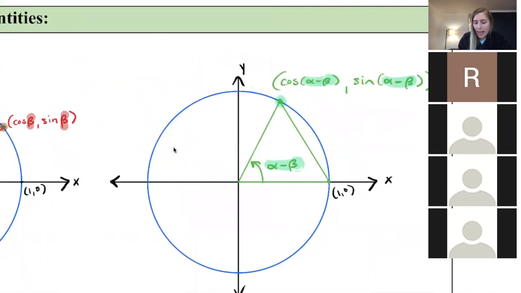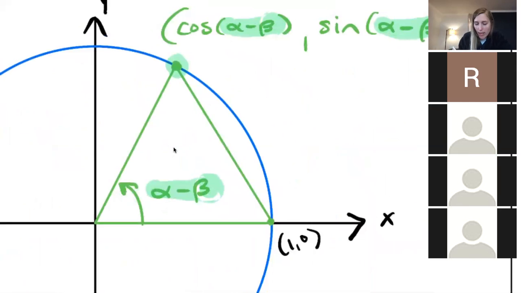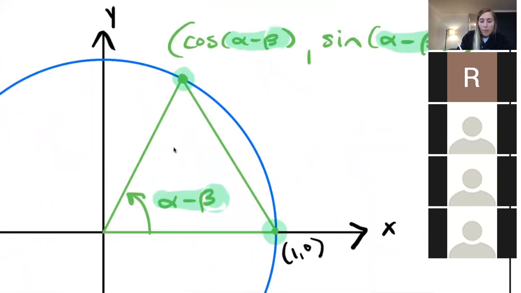I'm going to name the distance between 1 comma 0 and cosine of alpha minus beta comma sine of alpha minus beta d sub 2.